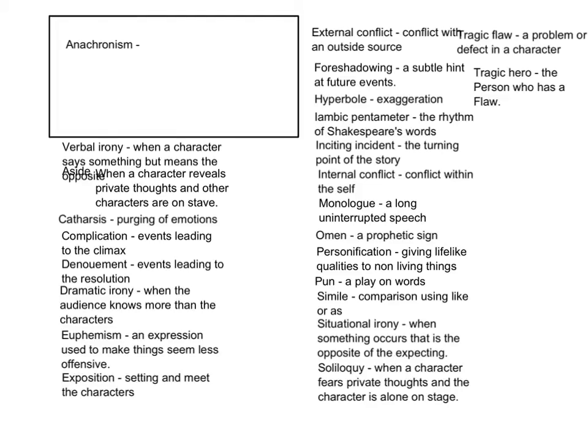An anachronism is modern conventions in an old play. So that's just the matching column. But if you know these literary terms, it's going to make the multiple choice that much easier.